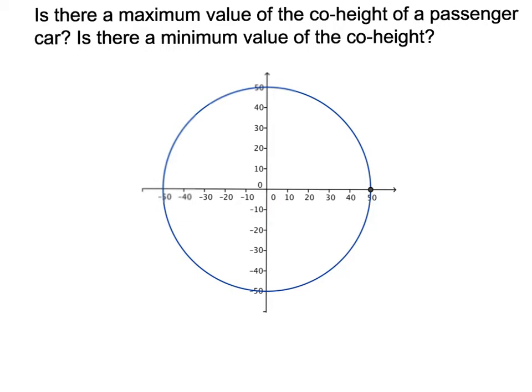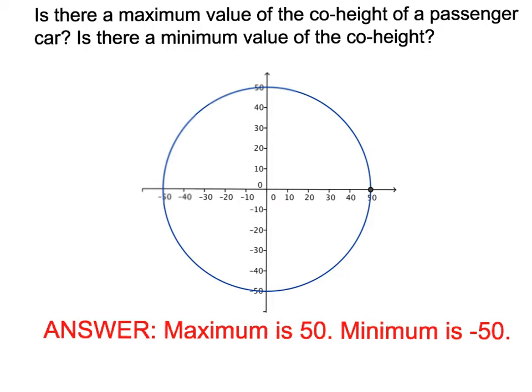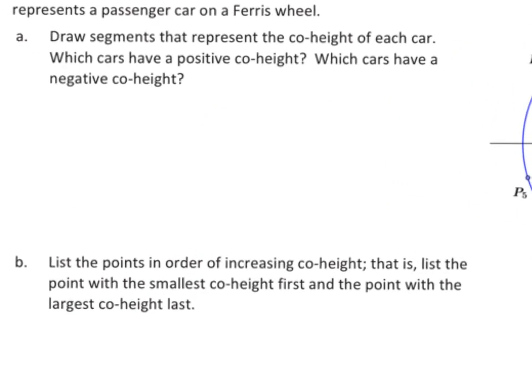Is there a maximum value of the co-height, and is there a minimum value? What is the maximum value? 50, and what is the minimum? Negative 50. Exercises 1 through 3.